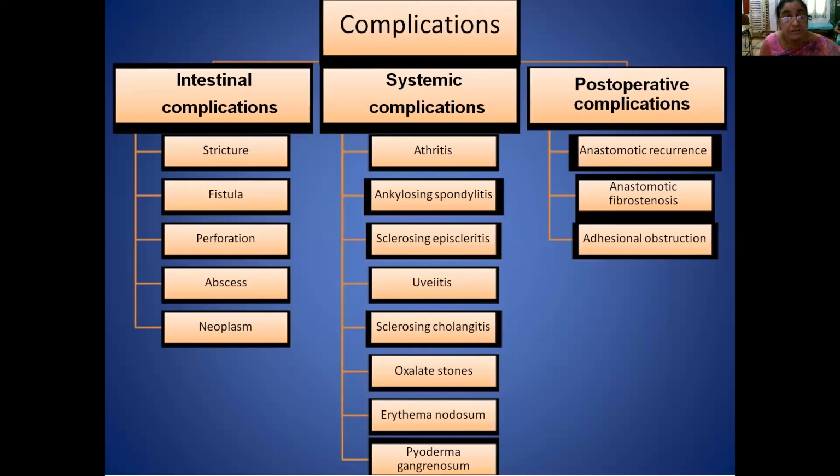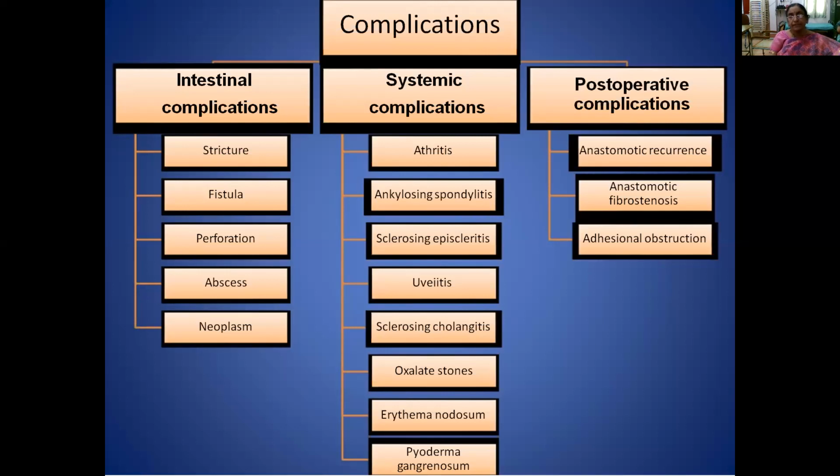The intestinal complications include stricture, fistula, perforation, abscess, and neoplasm. Systemic complications include arthritis, ankylosing spondylitis, scleritis, episcleritis, uveitis, sclerosing cholangitis, increased formation of oxalate stones, erythema nodosum, and pyoderma gangrenosum. These are all possible systemic complications in Crohn's.